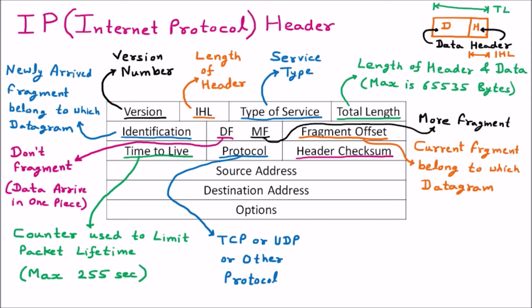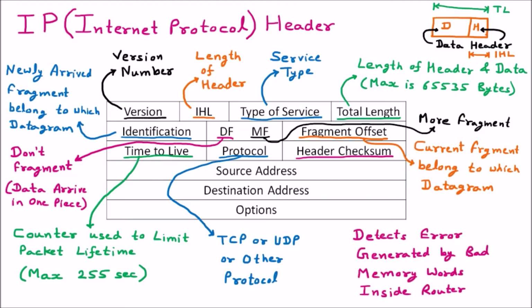As the name signifies, the header checksum field is for finding errors in the header. It detects errors generated by bad memory words inside the router. So this is the header checksum, which is going to detect the errors.